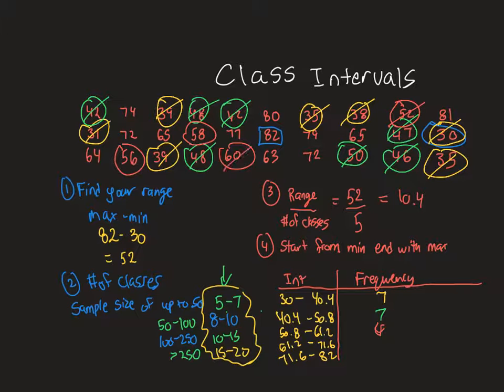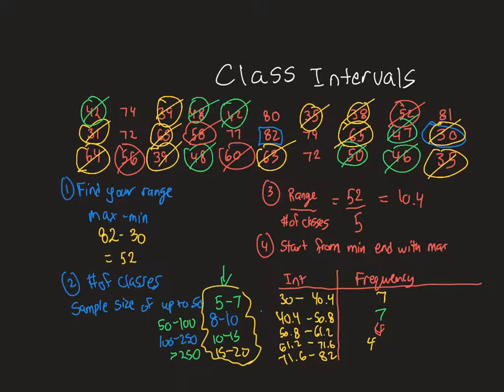All right, let's go back to yellow. So 61.2 to 71.6. So, yep. It's 1, 2, 3, 4, and that's it. So 4.